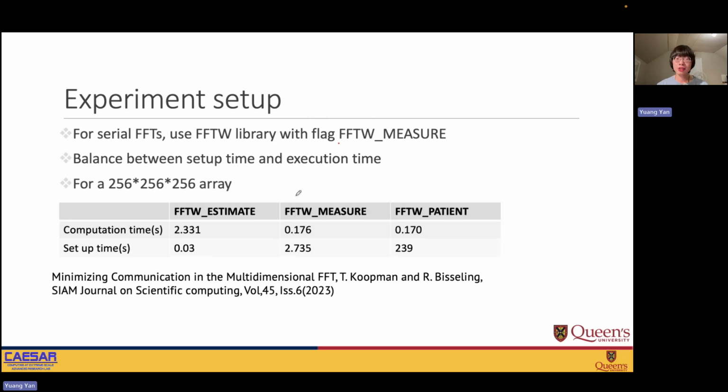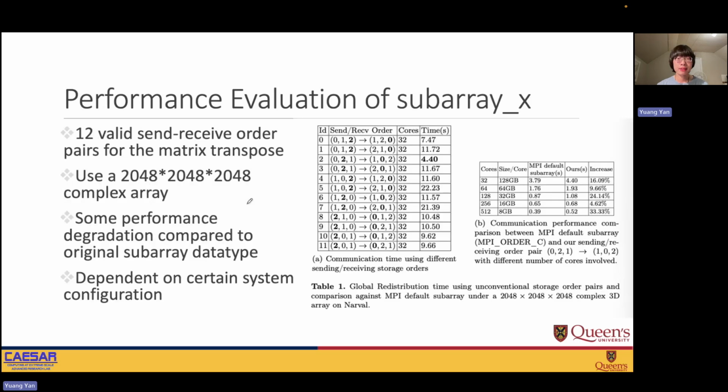So actually, FFTW_MEASURE is the choice for production. From the disparity in the setup time, FFTW_PATIENT only pays off when the execution time is very large. I remember the figure is about 4,000 or 8,000 for a 256 3D array in this paper.